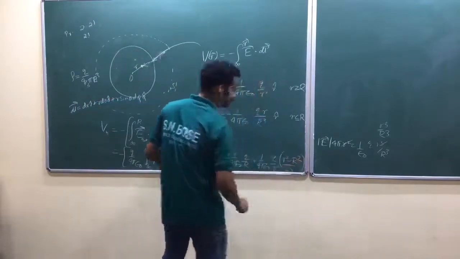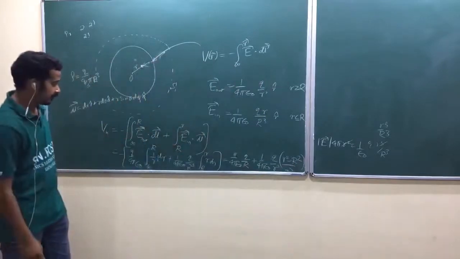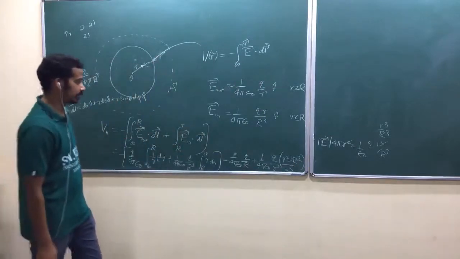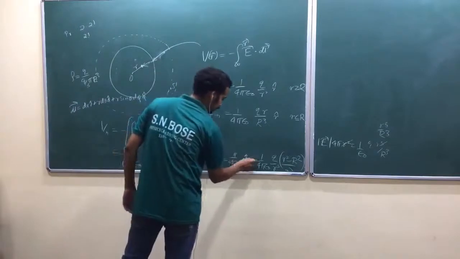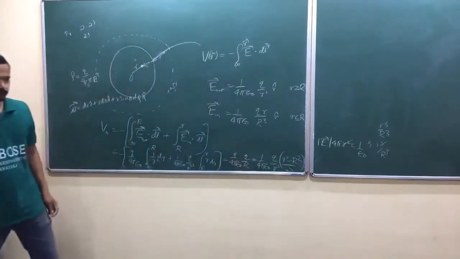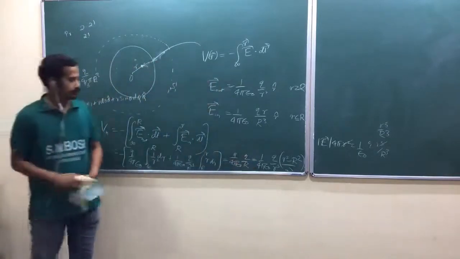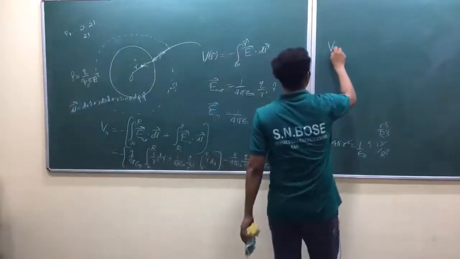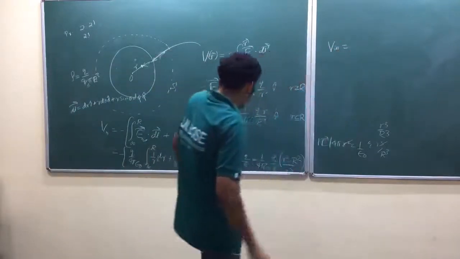Check it out. One more minus sign outside. Yeah, one more minus sign outside. Okay, so potential inside. Can you simplify?